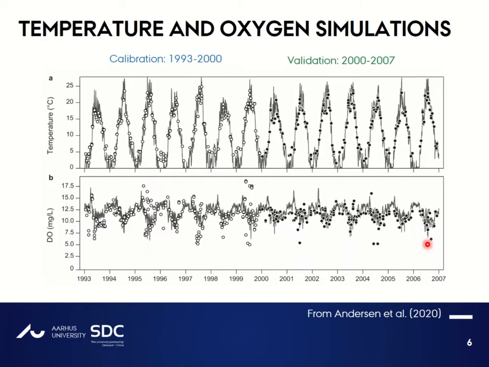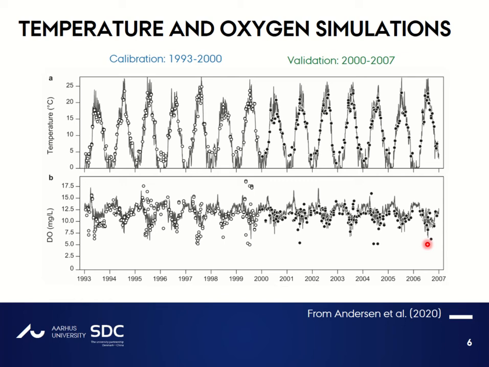Let's first have a look at the observed temperature and dissolved oxygen concentrations. The dataset has been split into 7 years for calibration from 1993 to 2000 and 7 years of validation from 2000 to 2007, with the circles marking the observations and the black line being the model simulations.